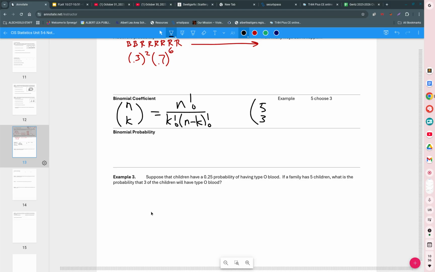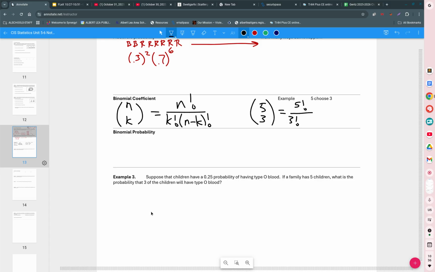5 choose 3. How do we expand that? Well, on the top, we put 5 factorial. And then on the bottom, look what we do. We put just 3 factorial times, what's 5 minus 3? 2.